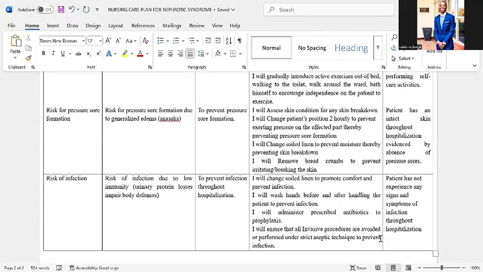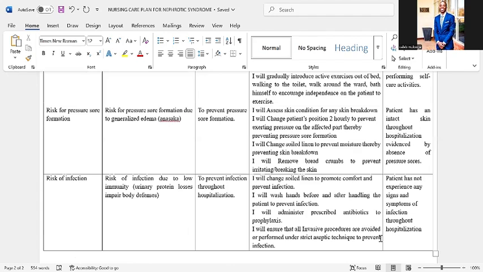Let us look at the interventions. Number one, I will change soiled linen to promote comfort and prevent infection. So we understand that in this patient, they will need a clean environment. So basically, you start by changing the soiled linen. Number two, I will wash hands before and after handling the patient to prevent infection. Number three, I will administer prescribed antibiotics for prophylaxis.